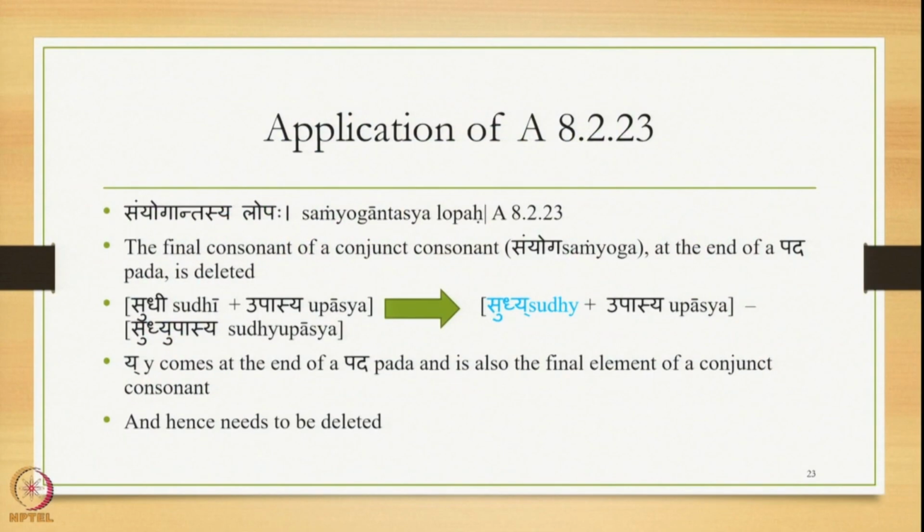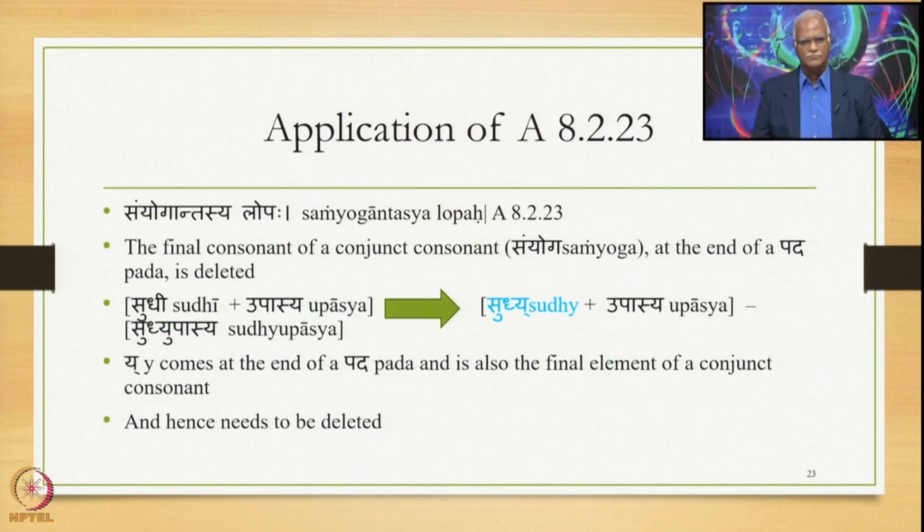And this gap occurs because of the application of 8.2.23. 8.2.23 is Sanyogantasya Lopaha. What it means is that the final consonant of a conjunct consonant called Sanyoga in Paninian grammatical tradition at the end of a pada is deleted.